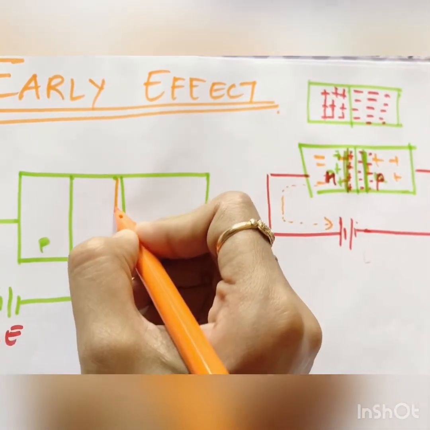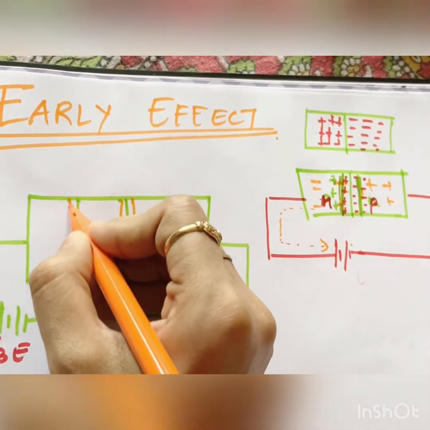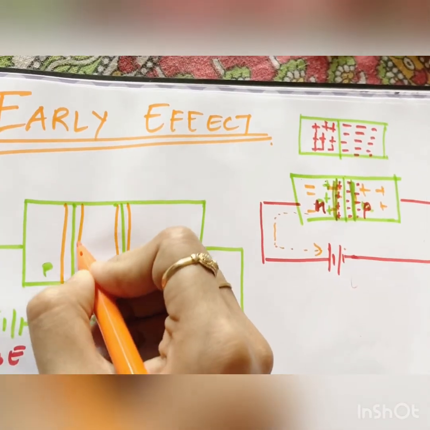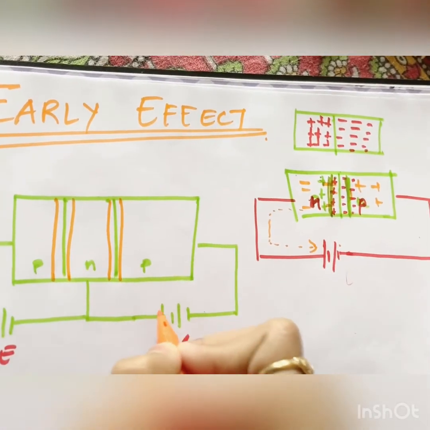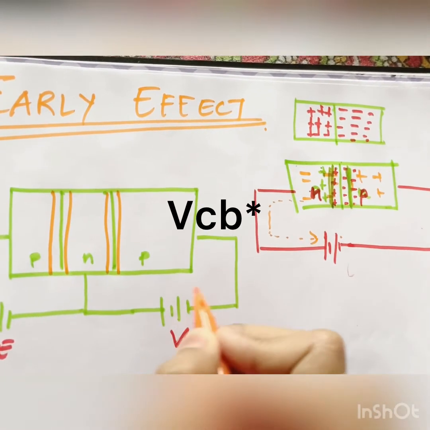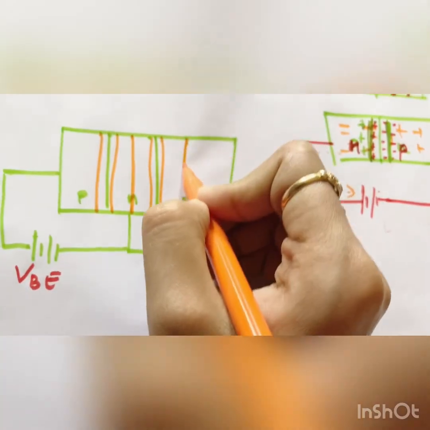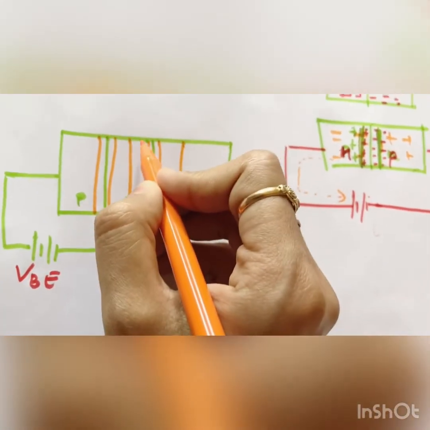Earlier we had a depletion region like this. Due to the increase in VCE, the depletion region widens and becomes like this. This is the new depletion region.